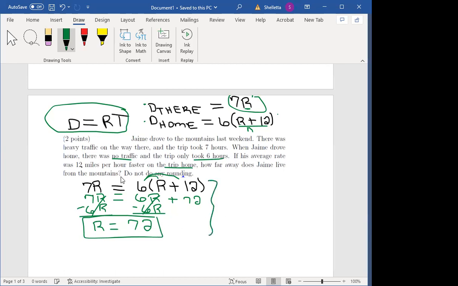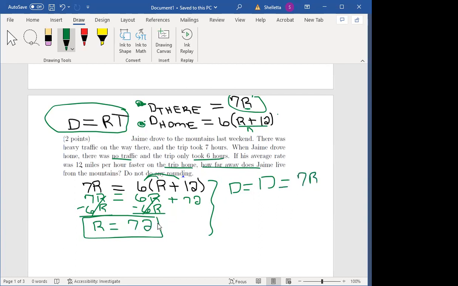Now, the question asks us for the distance. We want to know how far away that distance is. So to get the distance, you can go back to either of these expressions, either the distance there or the distance home, because they're going to be the same. We'll just use the first one, which was D equals 7R.